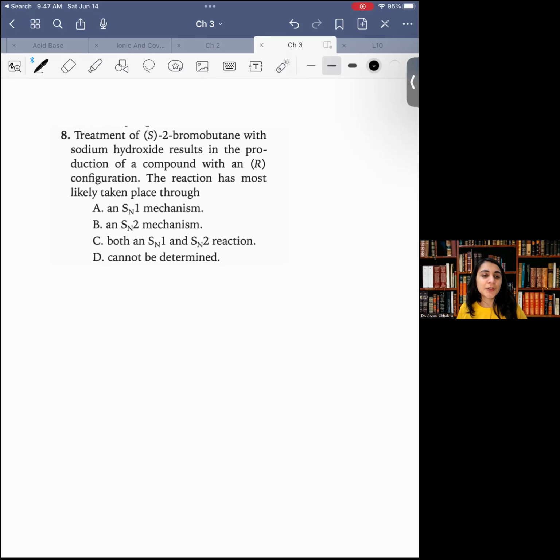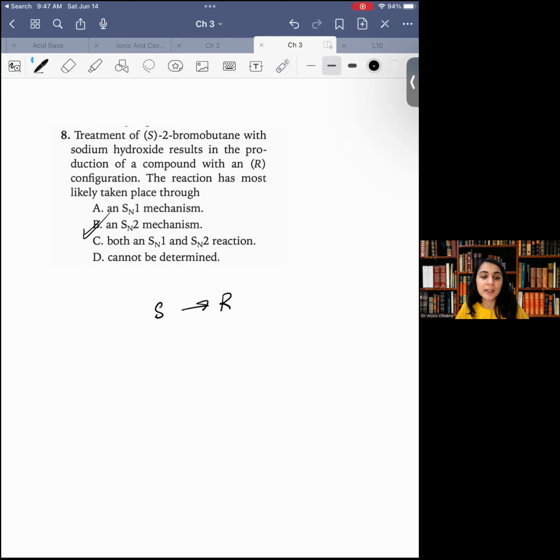Okay, the treatment of S-2-bromobutane with sodium hydroxide results in the production of a compound with R configuration. Nice. Well, again, they are just telling us the S is converting to an R. This is knowledge-based, so you have to know that this is an SN2 mechanism.